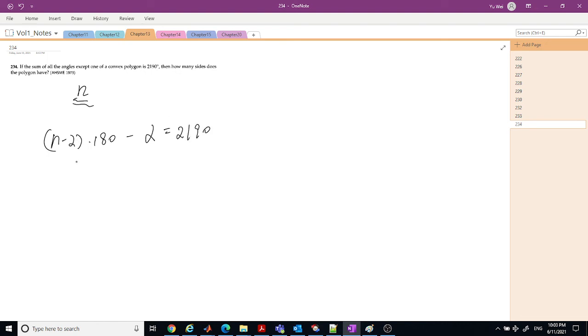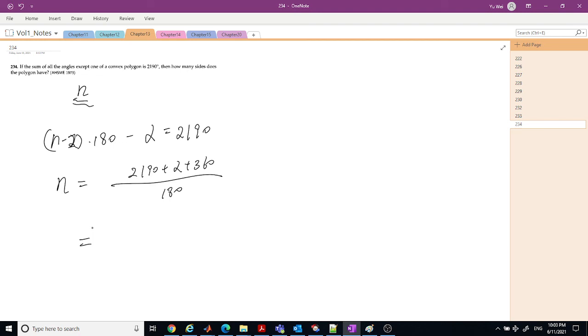We try to solve for n. So n is equal to 2190 plus alpha plus 360, then divided by 180.